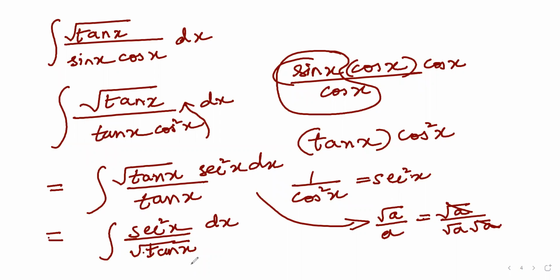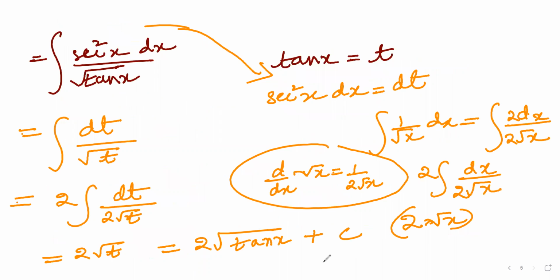So that's how I got to this. Then we use a simple substitution, and then we use that the integral of 1 over 2 root x dx is root x. That is, d by dx of root x is 1 over 2 root x. And not to forget your constant of integration, which is c. Let's move on to the next one.